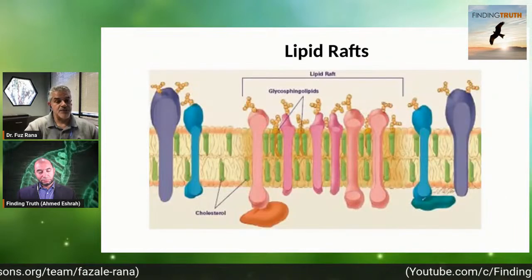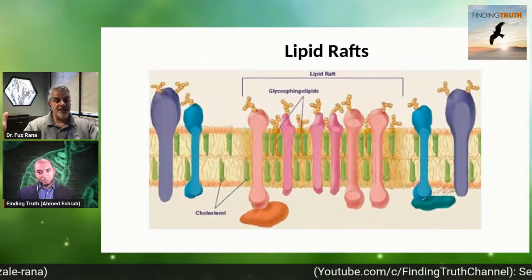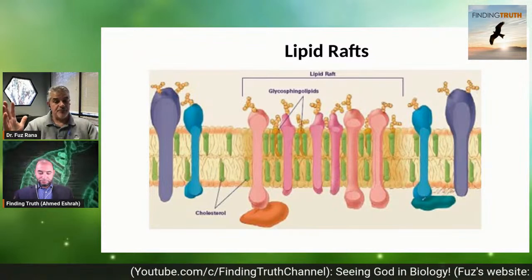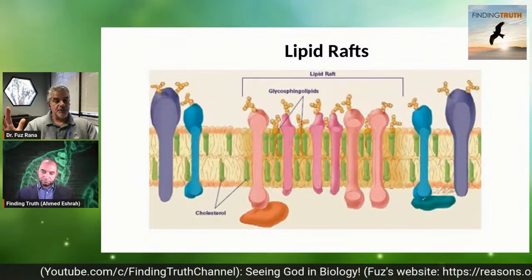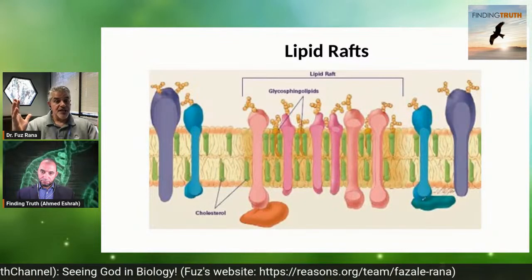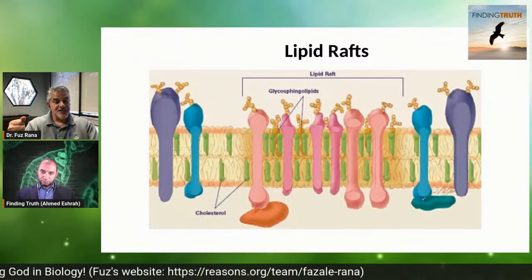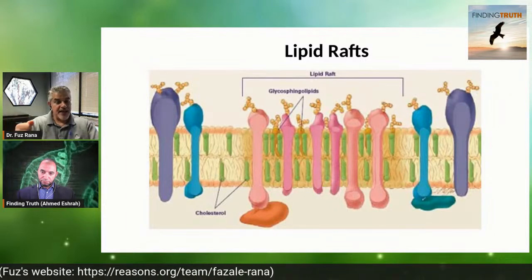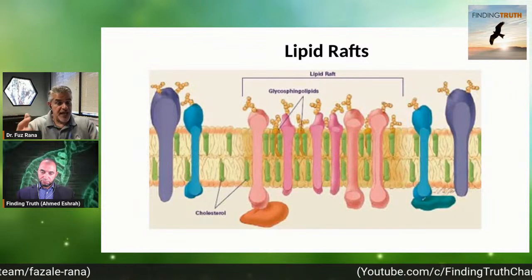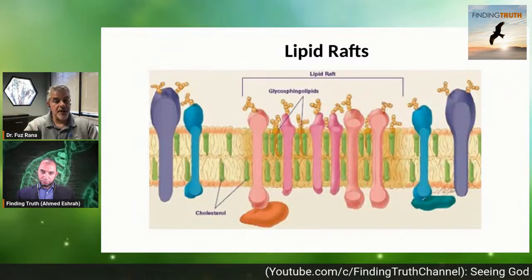And then last but not least, we talked about the idea of lipid rafts, where these are domains that have precise phospholipid and precise protein compositions that exist as a fixed entity in the membrane that can laterally diffuse, but performs a specific function for the cell membrane.